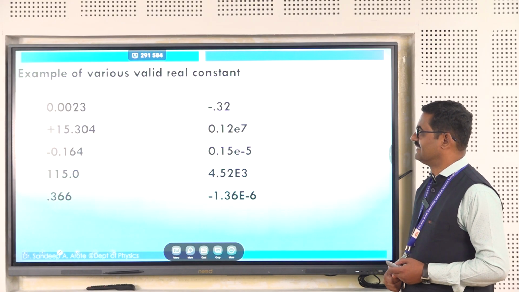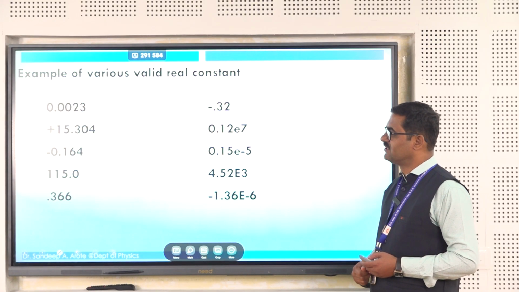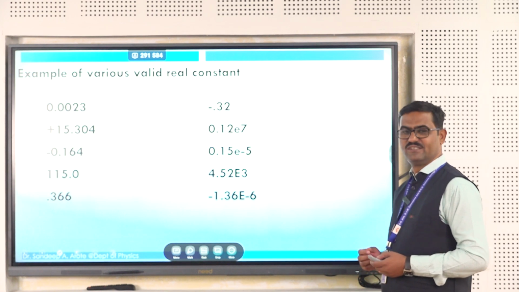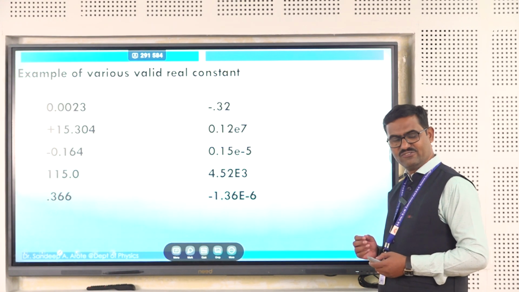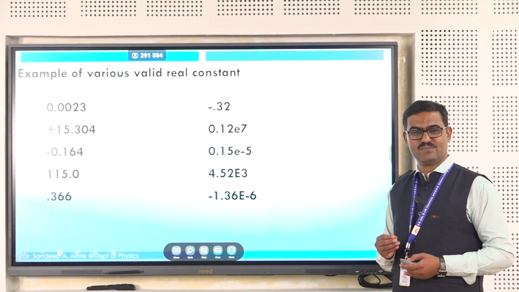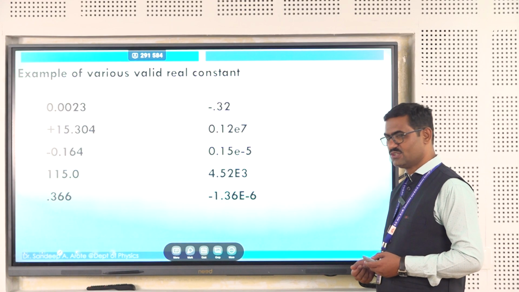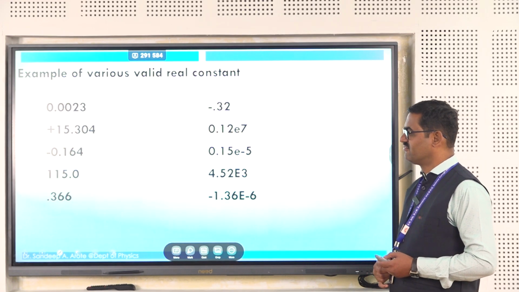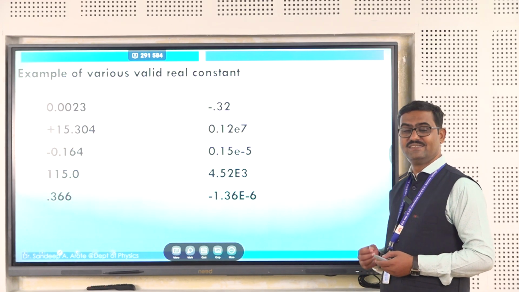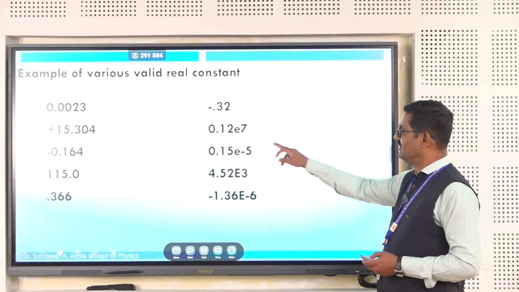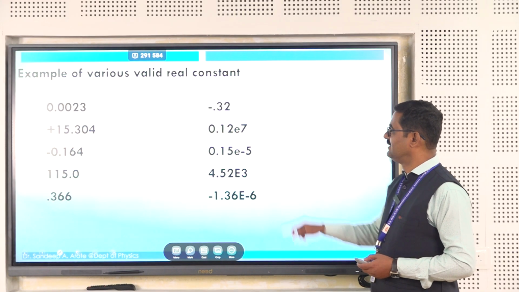Now, these are some valid examples. 0.0023, plus 15.304, this is also valid because the sign is optional. Then minus 0.164 is also valid, 115.0 is also valid, 0.366 is also valid, then 0.12E7 is also valid.